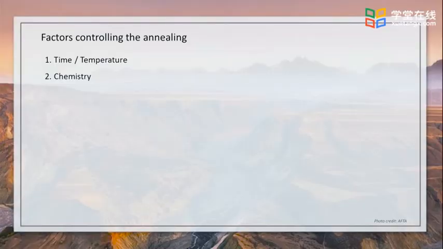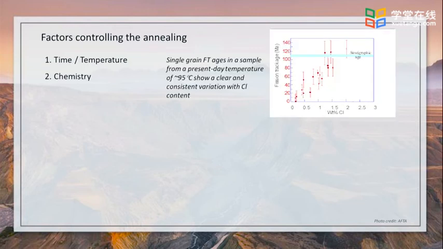Factors controlling annealing include time and chemistry. Single grain fission track ages in a sample from present-day temperatures of 95 degrees centigrade show a clear and constant variation with chlorine content.